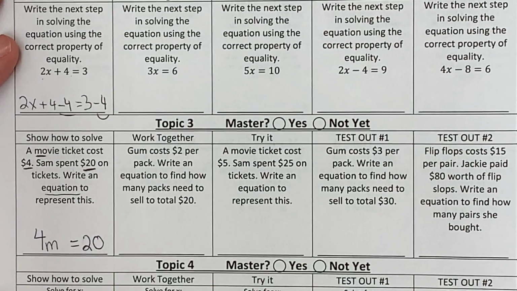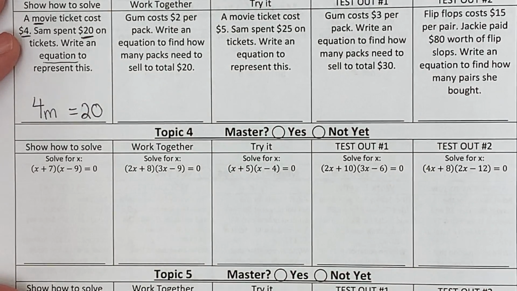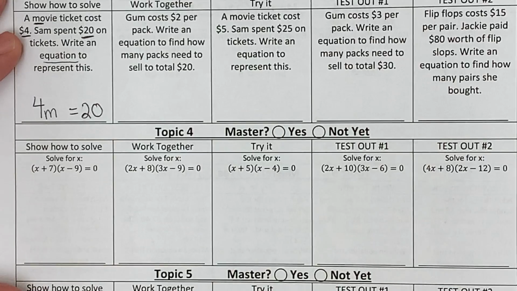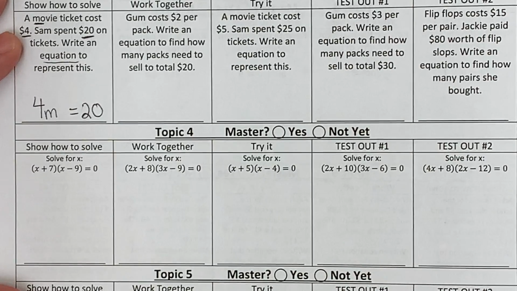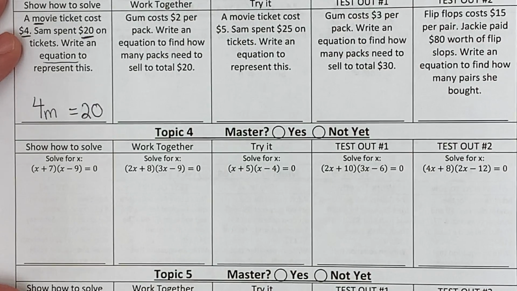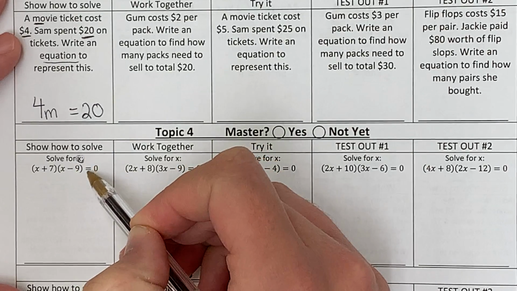All right, let's look at the next one. Topic 4. All right, so topic 4, solve for x. So I've got x plus 7 times x minus 9 equals 0. So remember, we're not going to do the box method because we're solving for x. And we have that equals 0.